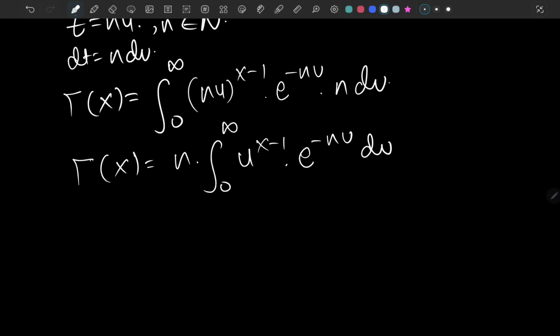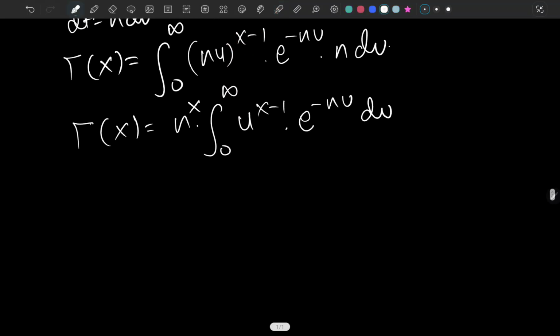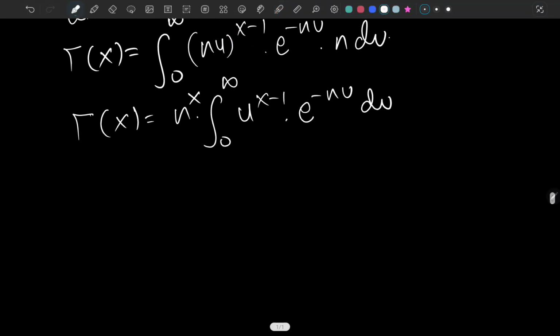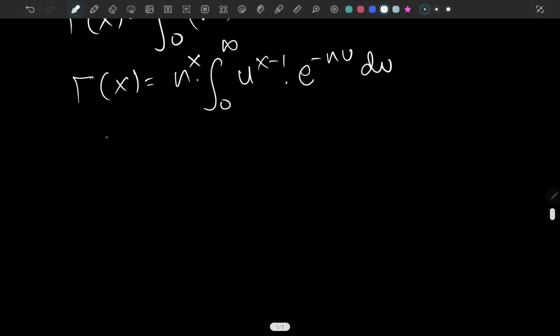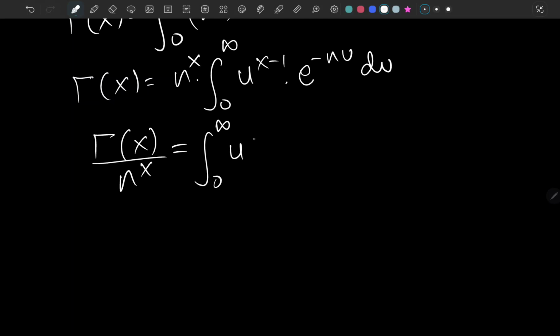Oh wait, I'm sorry, it's n to the x. I didn't account for the x. So we have that kind of result. Now we can divide both sides by n to the x. So that is going to be the integral from 0 to infinity of u to the x minus 1 e to the negative n u du.